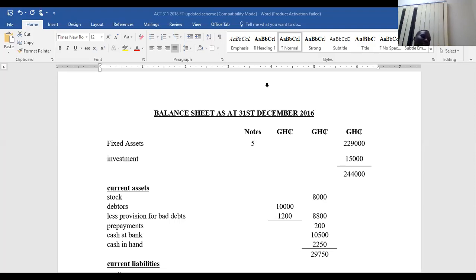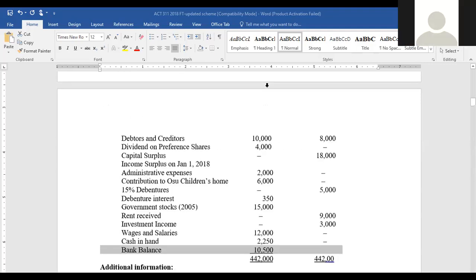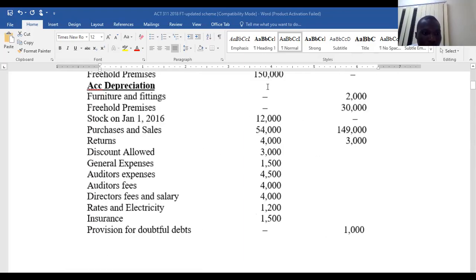You know we are owing debenture interest of 400. So please, how much is the creditors? Creditors 8,000. Okay, thank you. This is it. Debtors and creditors. Creditors is 8,000 here.